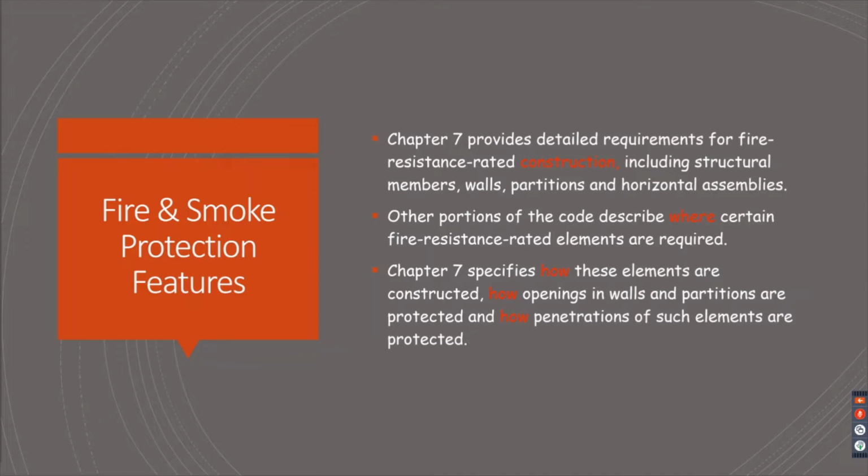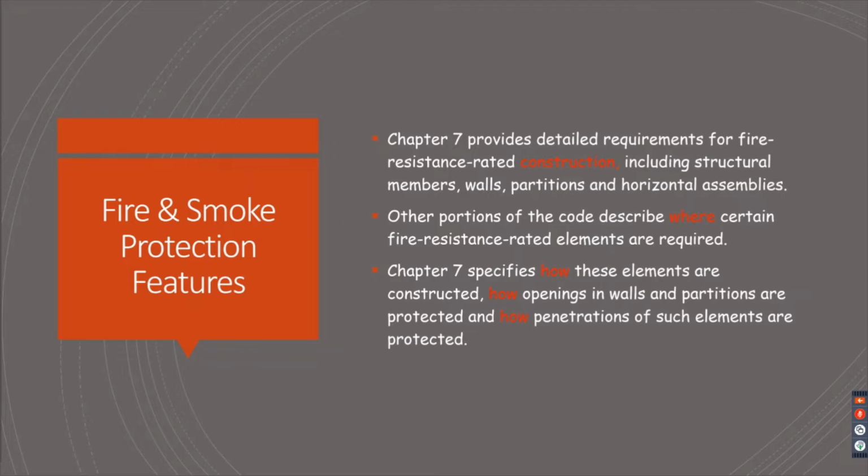Other portions of the code describe where these fire resistance rated elements are required. Chapter 7 tells you how to build it, how to construct it, and how the openings and penetrations are protected. When and where you need these assemblies, you're going to find in different parts of the code, but Chapter 7 is more specific: now you know you need them, how do you build them?